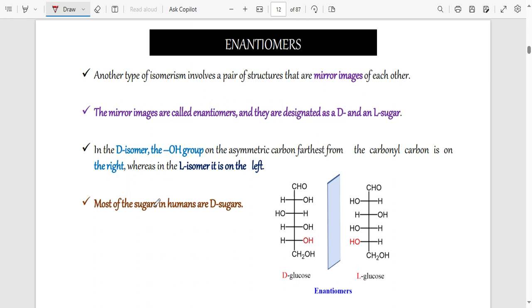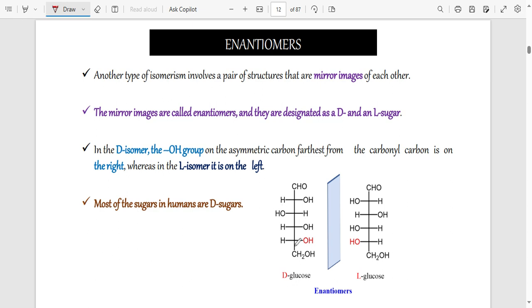So when you're talking about enantiomers in relation to these monosaccharides, you talk about the D and the L form. Those are enantiomers. So for the D form, the OH on the asymmetric carbon furthest from the carbonyl carbon is on the right side. Now, an asymmetric carbon is a carbon that is bonded to four different things.